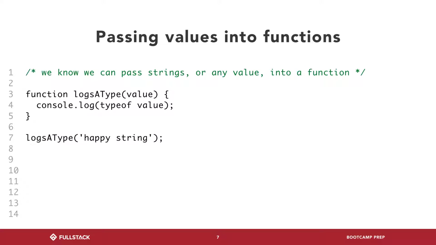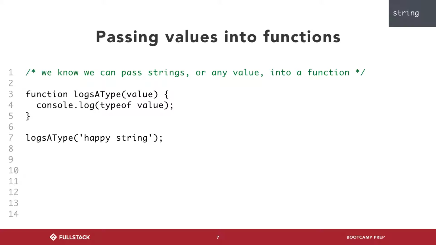Okay, so once again, to go along with the theme that functions are just like anything else, if I have a function that logs a type of value, I pass in the value, I console log out typeof value. If I have a function called logsAType and I pass in a string, when I console log out typeof value, I get back string, right? Hopefully you should be very comfortable with this.